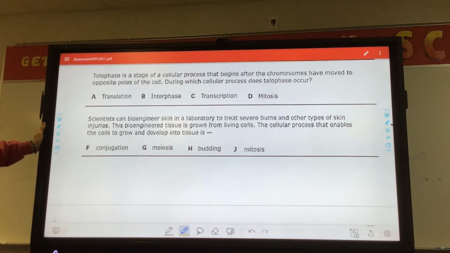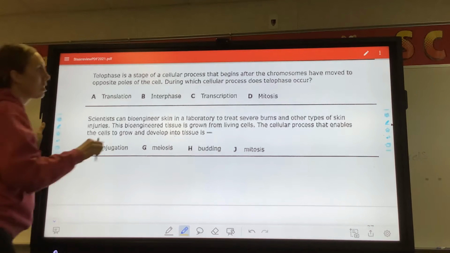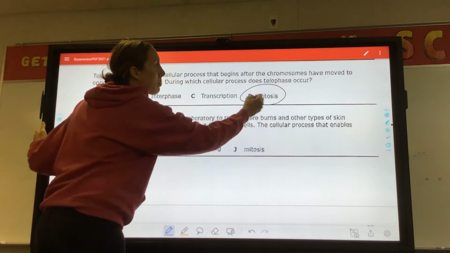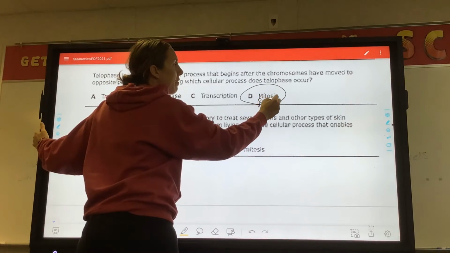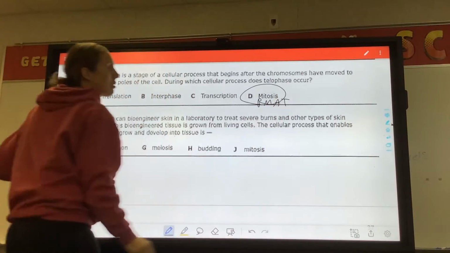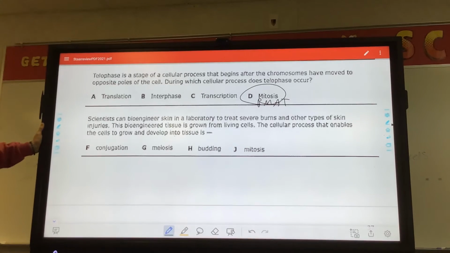Telophase is a stage of the cellular process that begins after chromosomes have moved to opposite poles in the cell. During which cellular process does telophase occur? It occurs during mitosis, because remember mitosis is prophase, metaphase, anaphase, telophase. Okay. Scientists can bioengineer skin in a laboratory.